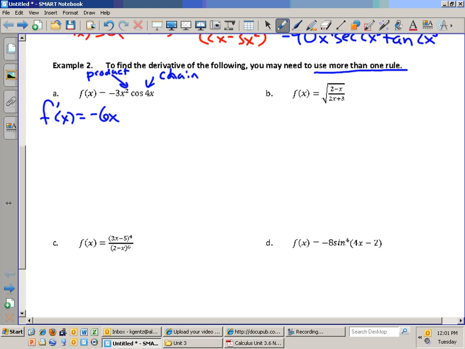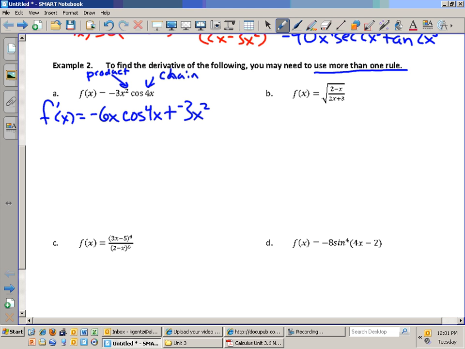Negative 6x times the second left alone. So cosine of 4x plus negative 3x squared times the derivative of cosine of 4x, right?